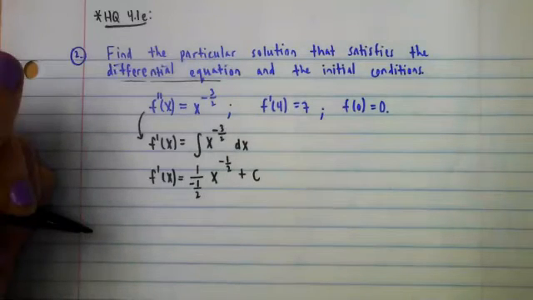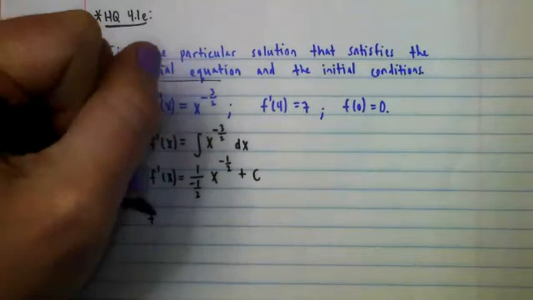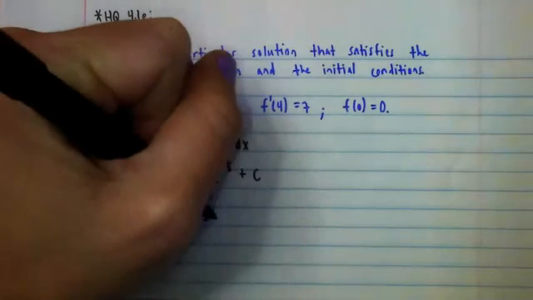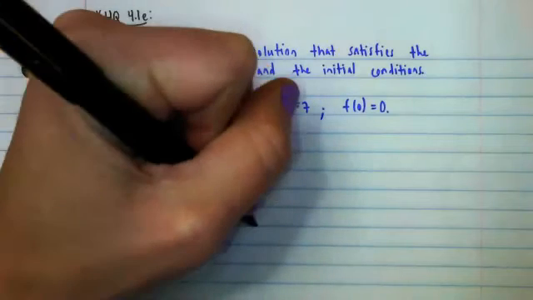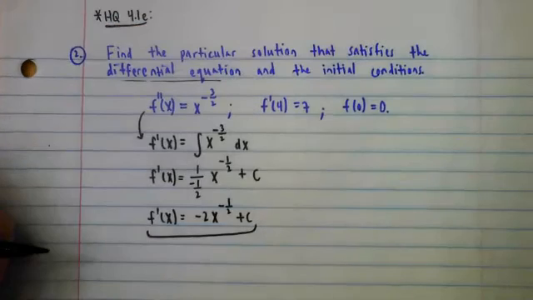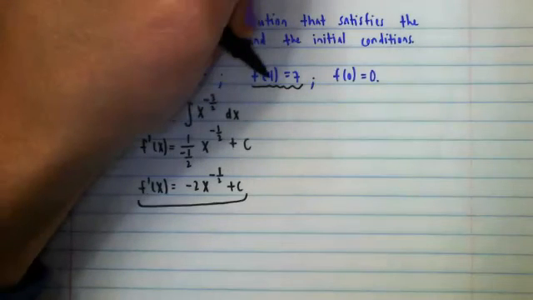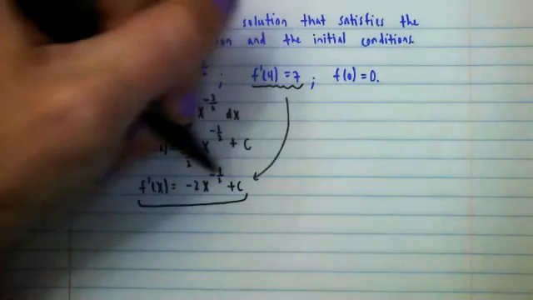So we're looking at this, and first order of business is to try and get c. Use this first initial condition. We know that the derivative, when x is 4, equals the number 7. That's perfect. We can plug in 7 for the derivative, and we can plug in 4 where we see x. Feel free to use a calculator to help make this a little bit quicker.